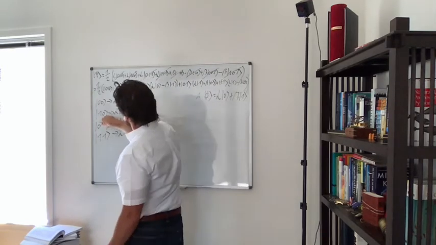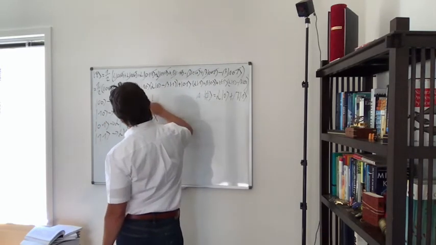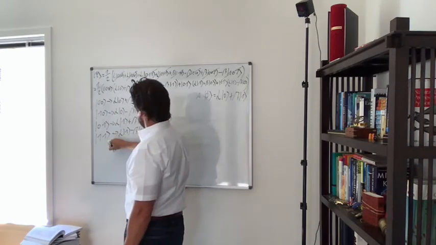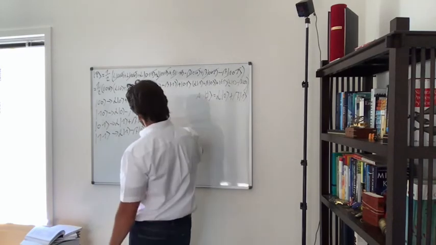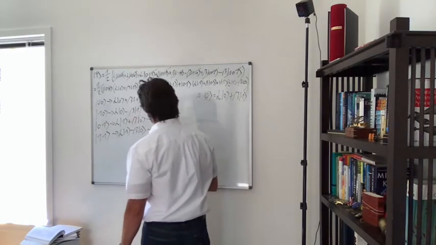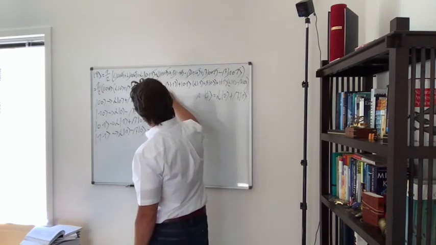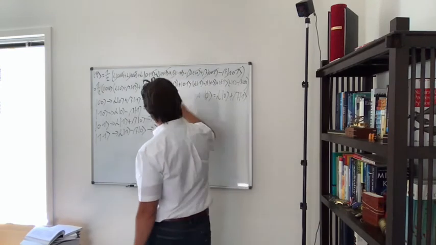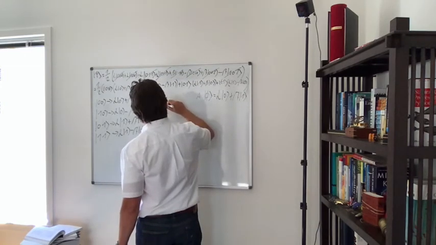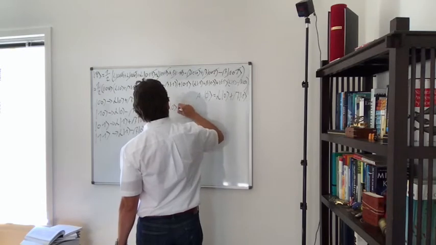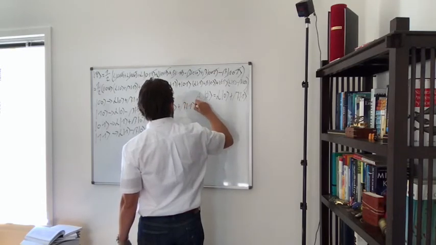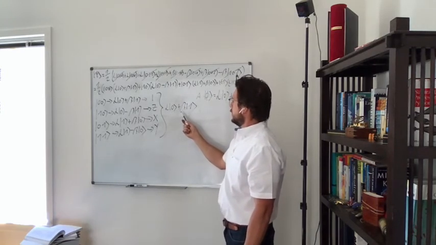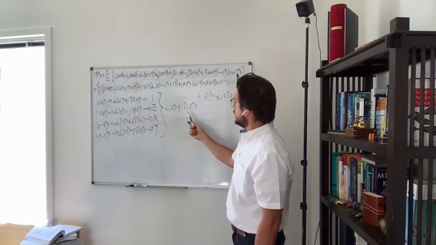If Bob gets 1, 0, then the transformation that he applies is Z. And if he gets 1, 1, then the transformation he applies is Y. So in any case, if he does it correctly, it will result in the original state, which means Alice successfully teleported her original state to Bob.